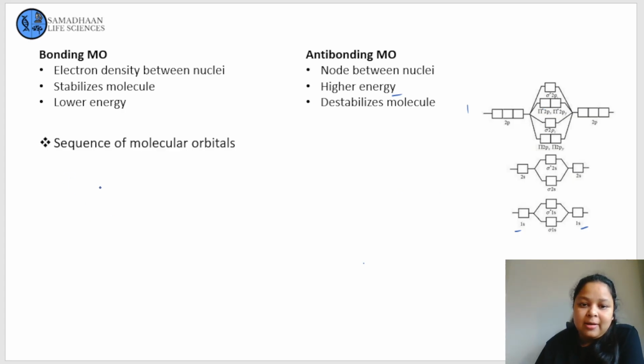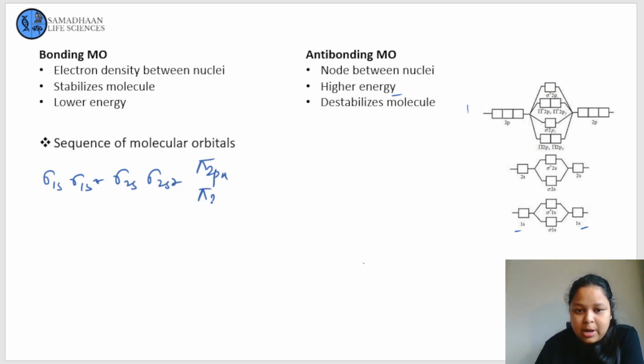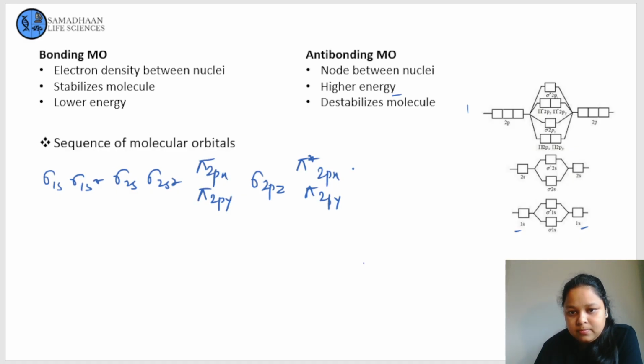Now let's see the arrangement according to energy. So σ1s, σ*1s, then σ2s, σ*2s, then π2px, π2py, those have same energy, and then σ2pz, then π*2px, π*2py antibonding, and then σ*2pz antibonding.